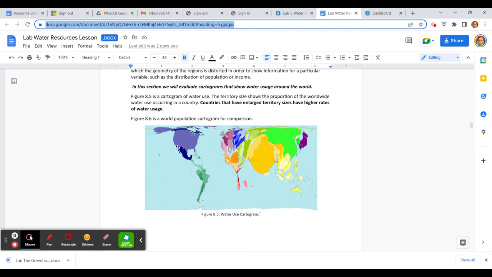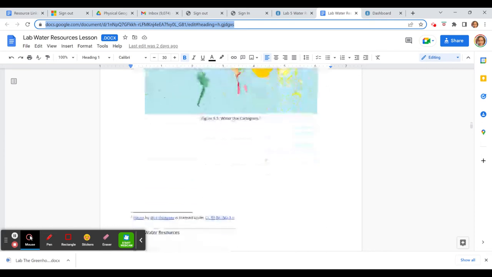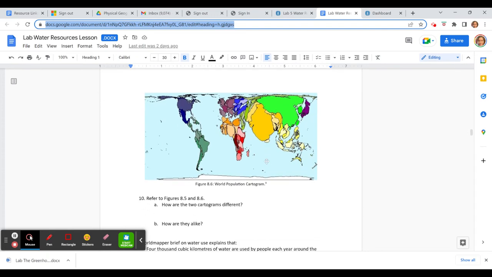When you look at populations like the United States and India, these countries seem blown up because they're using a large amount of water. So their size represents the use of water. Now we have a cartogram that's going to represent population.